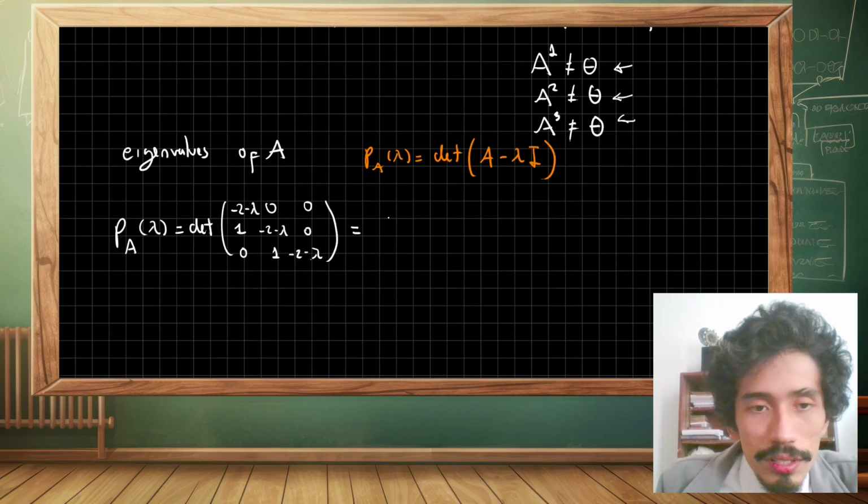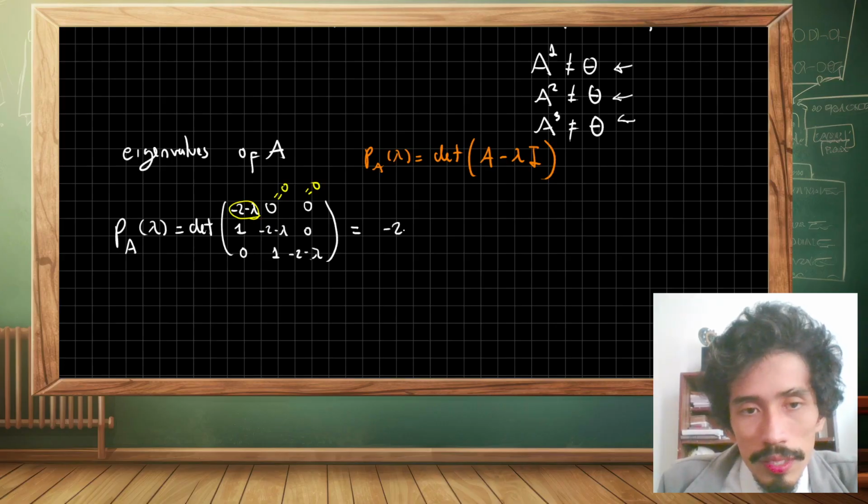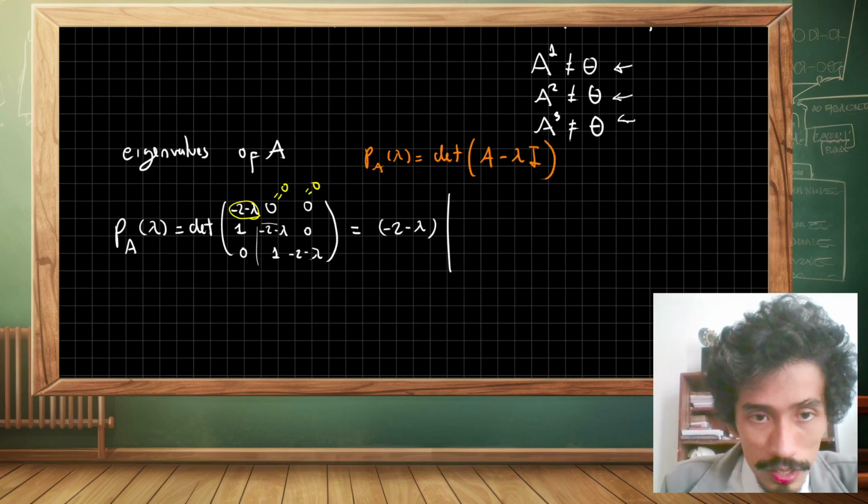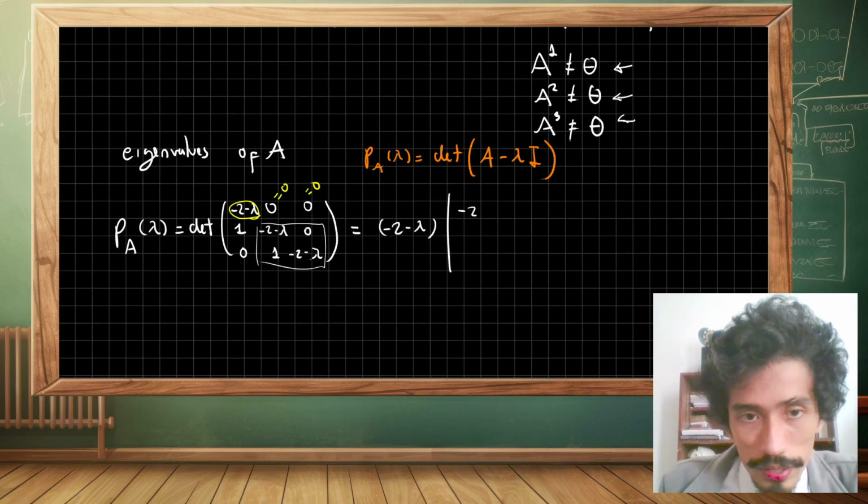So this is equal to, since you have this number here and the following are equal to 0, then you can say that this is equal to minus 2 lambda times the determinant of this square matrix, which is equal to this one.